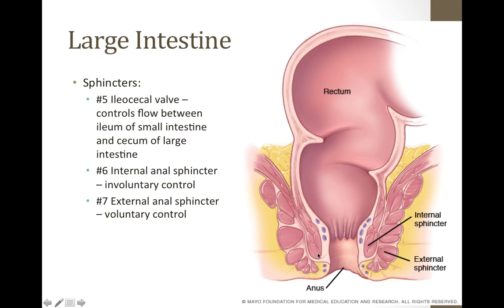So you know that you have partial control of when you defecate or poop or go to the bathroom. And that's because one of your sphincters is controlled by you and one of them is not. Okay, so the internal sphincter is the one that you do not control.